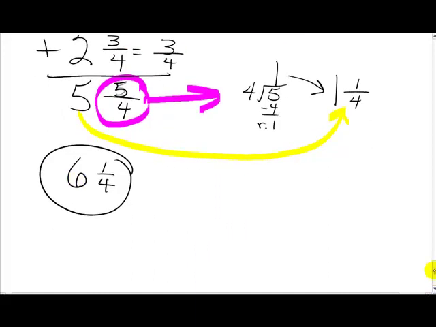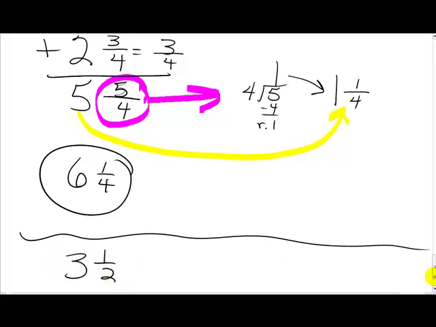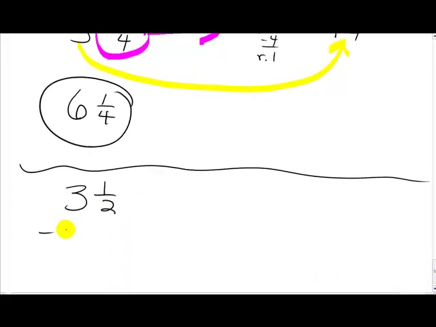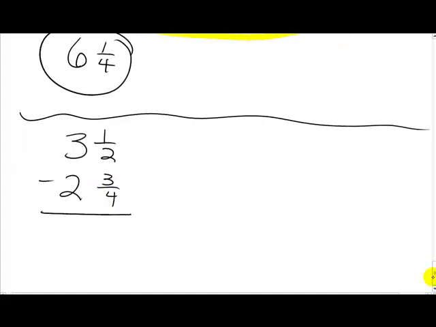Let's look at subtracting with mixed numbers. I think we'll use the same number. We already saw our fractions, our equivalent fractions. Now we are subtracting, but I can't take 3 from 2, so I am going to borrow.